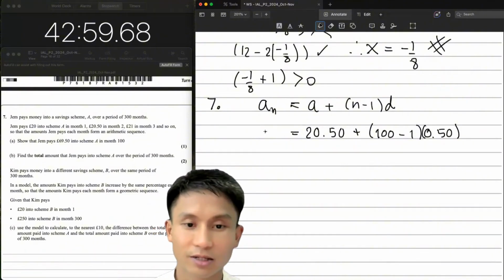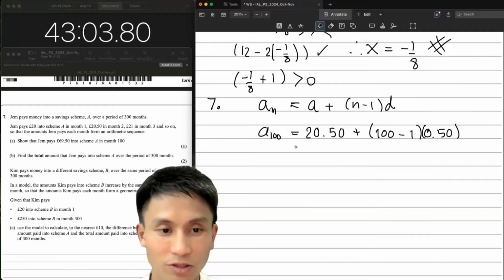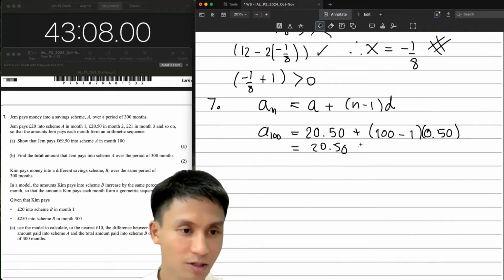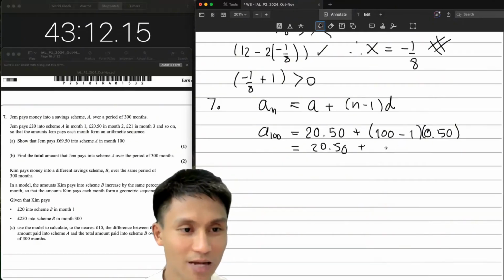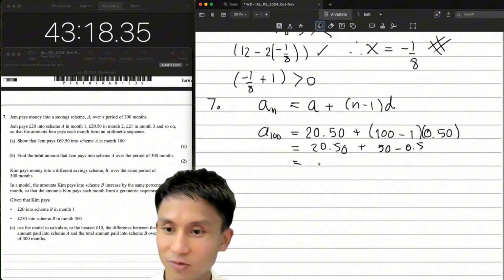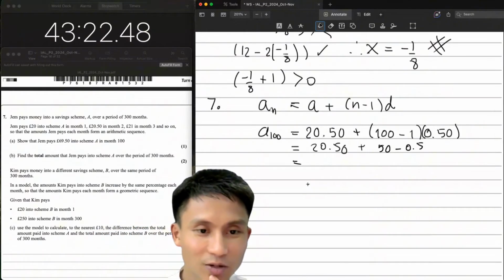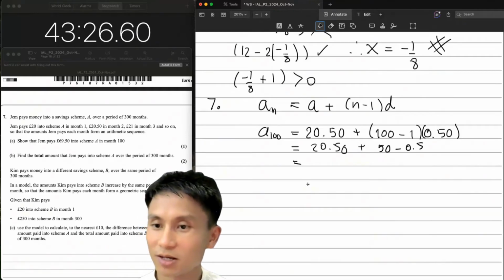Checking everything here. So this is a_100, which is equal to 20.50 plus 99 times, actually I can just do that already, right? So that's 50 minus 0.5. So I'm going to get, ooh, interesting. I don't get what they want. Something went wrong. So 20.5 is the first.